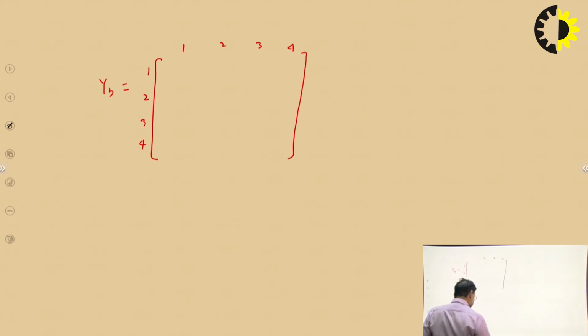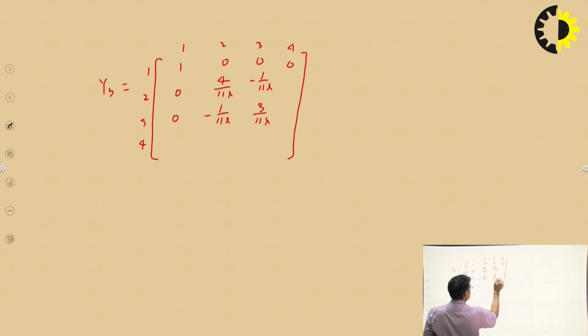It is 1, 0, 0, 0, then 4 by 11s, you can check, 4 by 11s, minus 1 by 11s, then 0, minus 1 by 11s, 3 by 11s, and this is also 0, 0, 0, 0 and 2s.